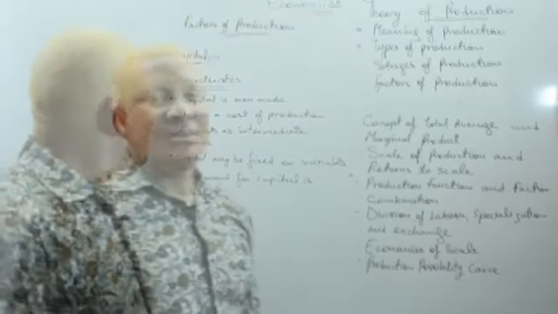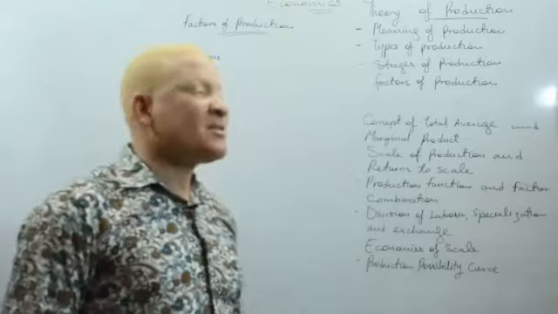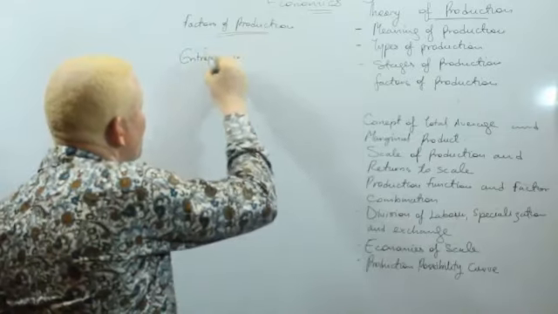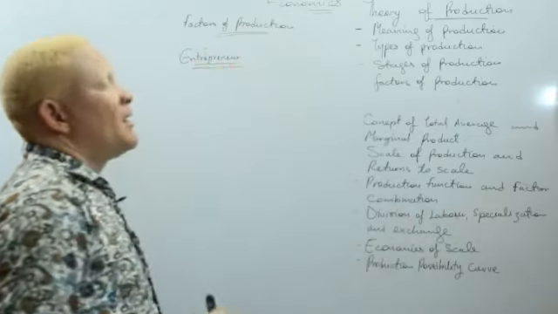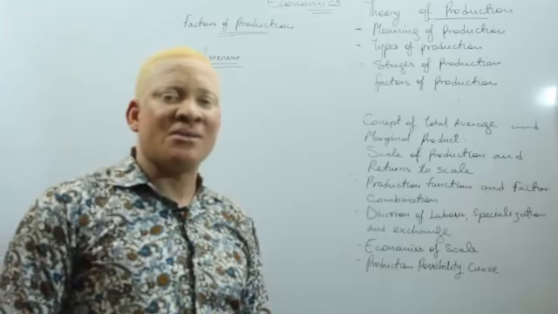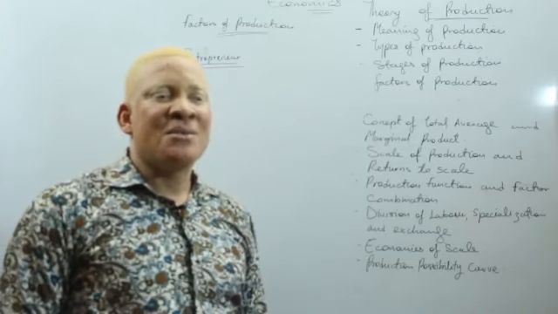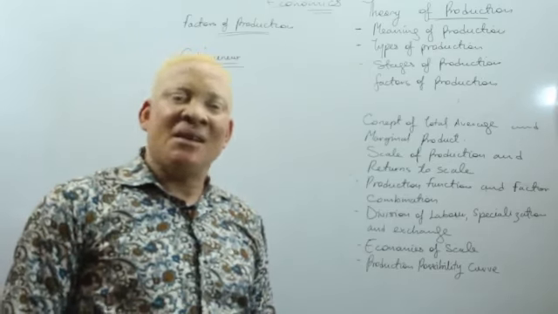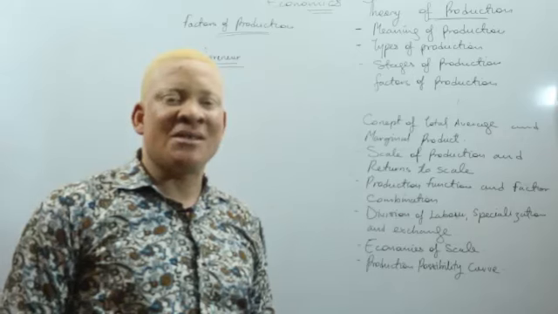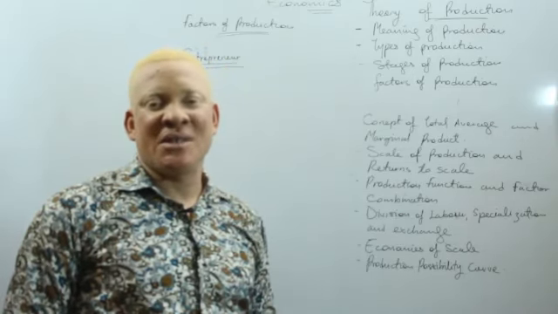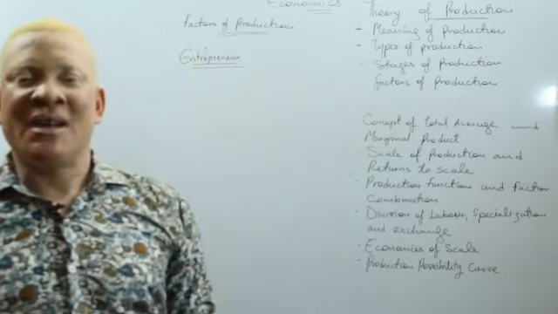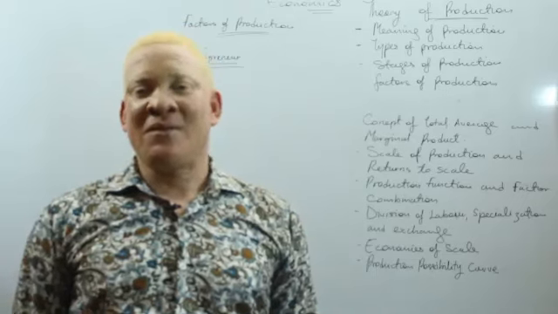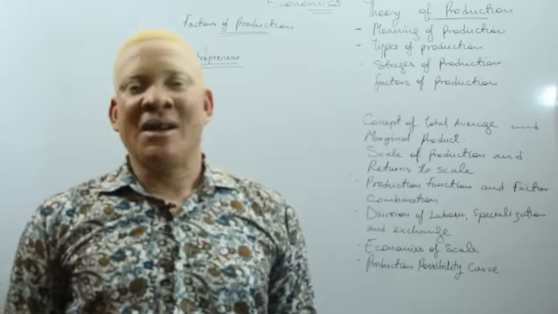Now, the next and the last on the list of factors of production is entrepreneur. The entrepreneur as a factor of production is that factor or that element which actually organizes and brings together other factors of production. It is argued in most cases that entrepreneur should not be separated from labor, but in the actual sense, the entrepreneur is also a human factor, but organizes other things.